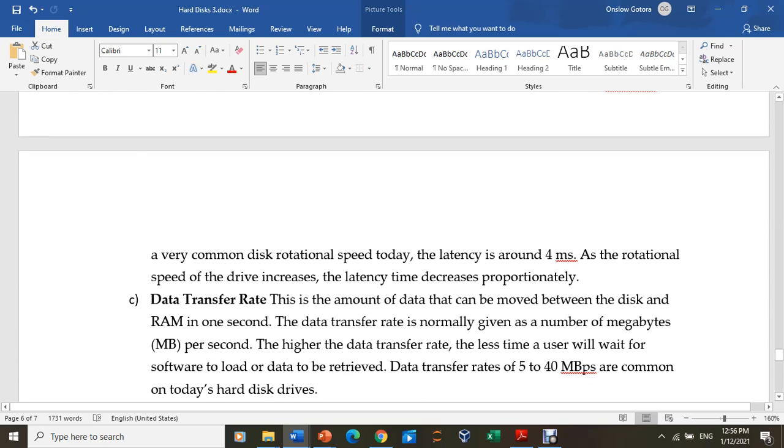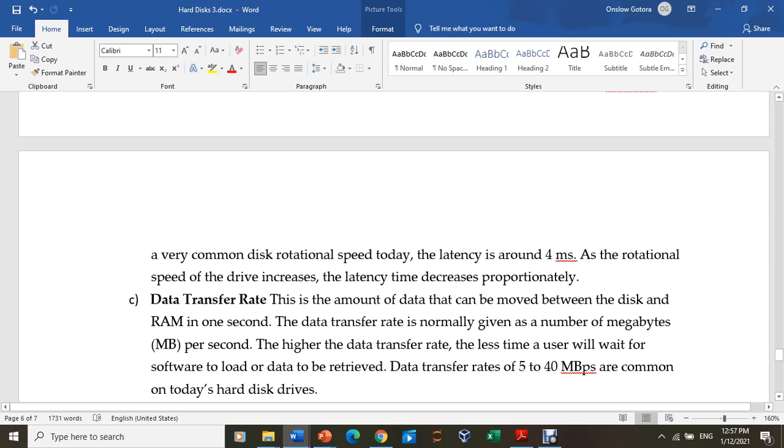Then we also have what you call data transfer rate. This is the amount of data that can be moved between the disk and the RAM in 1 second. Remember, the RAM is the computer's working space. The data transfer rate is normally given in megabytes per second.